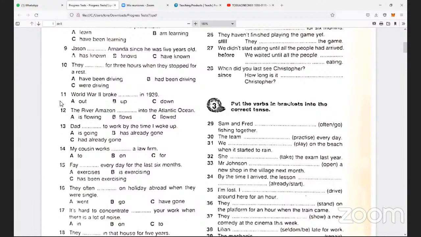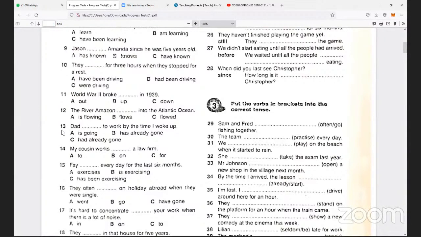World War II broke out in 1939. Perfect. Okay, 12. The river Amazon flows into the Atlantic Ocean.